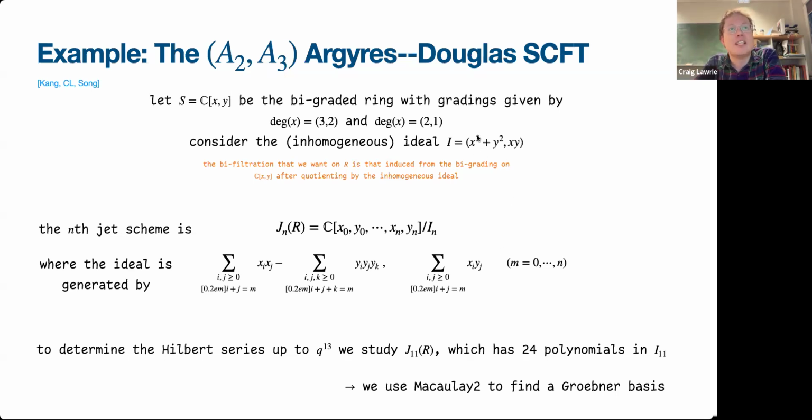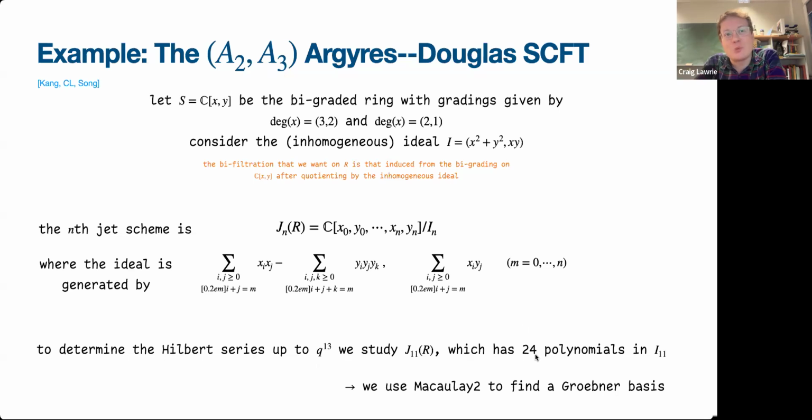You see that the relation x squared sits at degree 6 in the first degree, and xy sits at degree 5 in the first degree, which is the one related to the q. So by going up to q to the 13, we're already taking into account syzygies and relations of relations of relations and so on, because those things start happening already around order q to the 6.